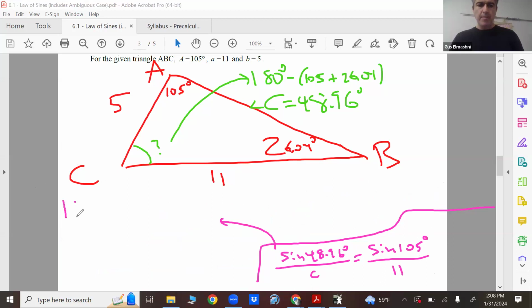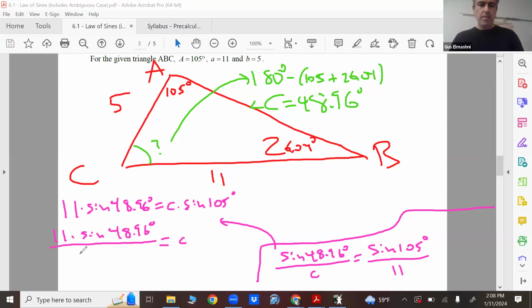So cross multiply. And please be careful with your algebra.